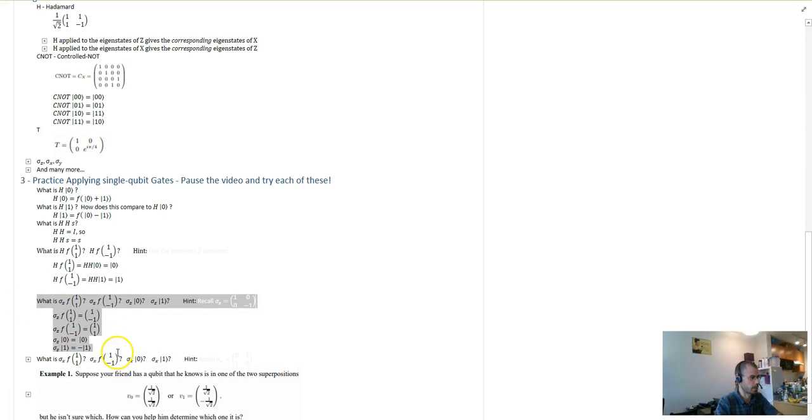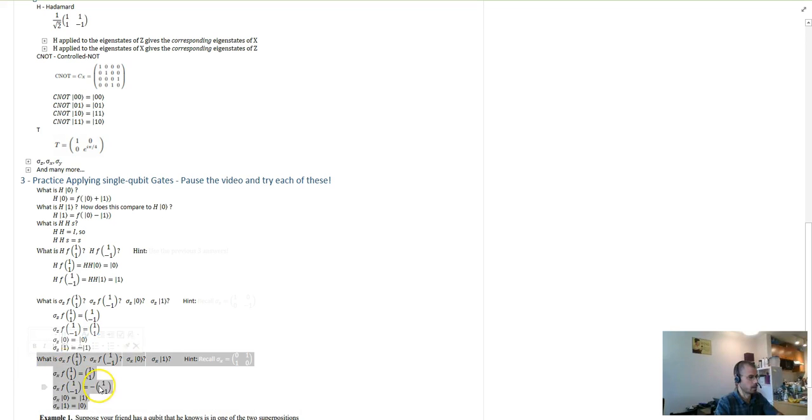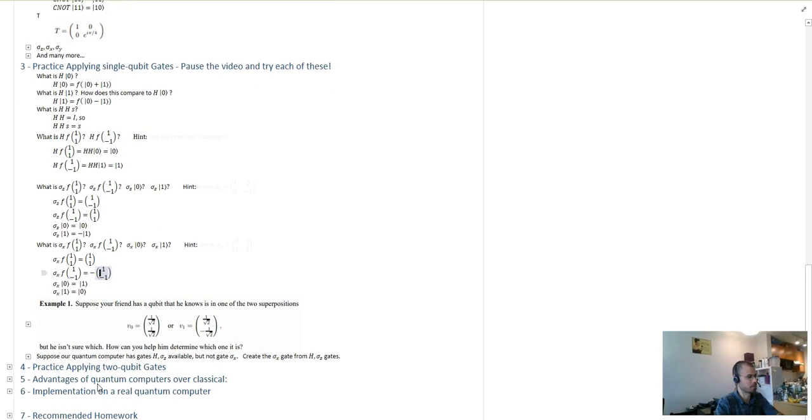And here are the answers. I figure they're fairly self-explanatory. So if we take the Pauli spin X matrix and apply it to each of these, what do we get? And your hint is here. And there are the answers.